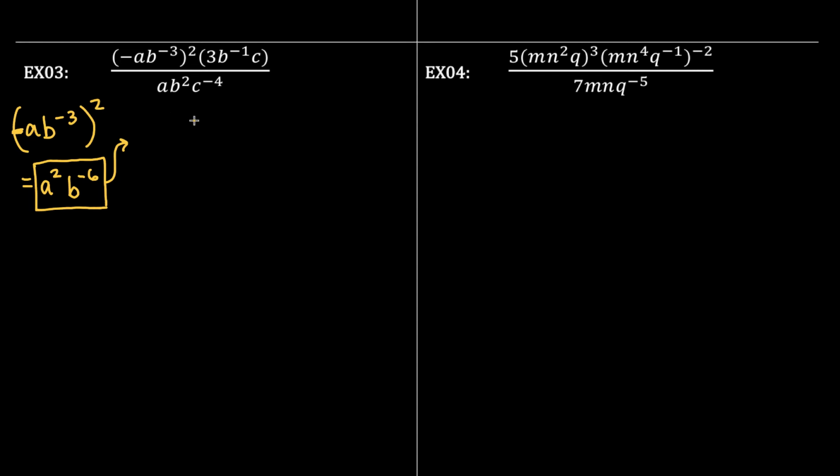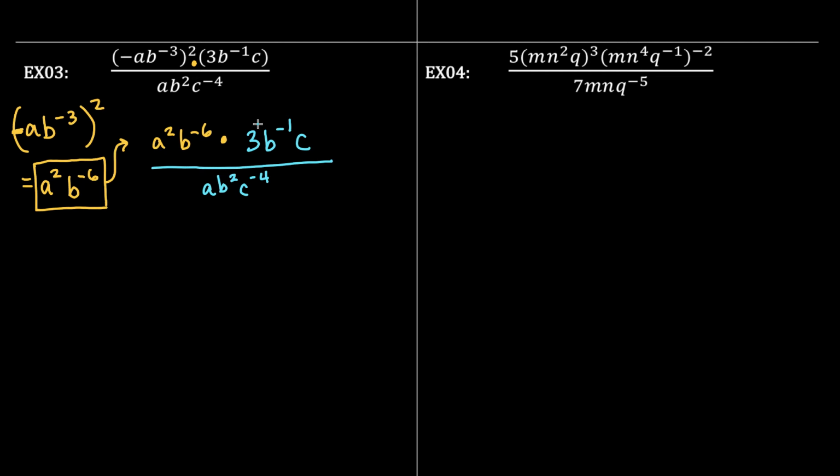So I'm going to write a squared b to the negative 6 times, remember, there was a times there. Let me actually write that here: 3b to the negative 1 c over a b to the second power c to the negative fourth power.